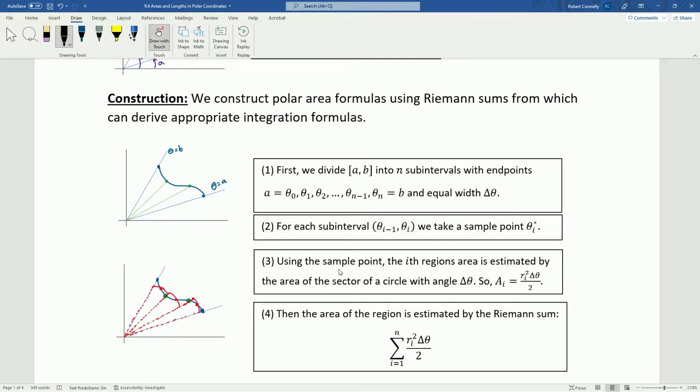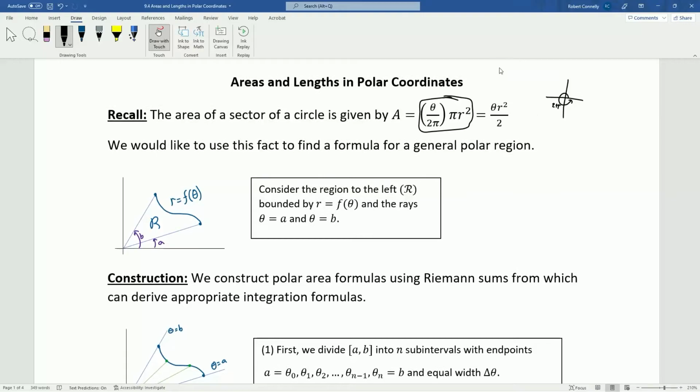And then using that sample point, the ith region's area is estimated by the area of the sector of a circle. So this looks like a little pie wedge here. So we're modeling the area here as approximately that of each corresponding sector of a circle. So each segment's area is given by r sub i squared delta theta divided by 2, right? That's just the area of a sector of a circle formula up here.